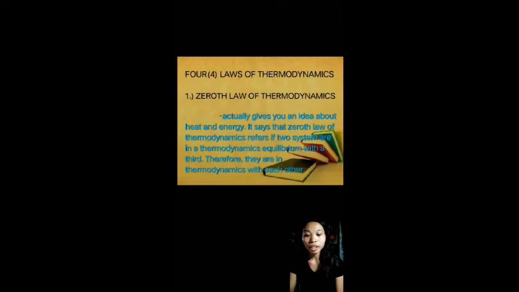So now, let's proceed to the first law of thermodynamics, which is the zeroth law of thermodynamics. The zeroth law of thermodynamics gives us an idea about heat and energy. It says that if two systems are in thermodynamic equilibrium with a third, therefore they are in thermodynamic equilibrium with each other.